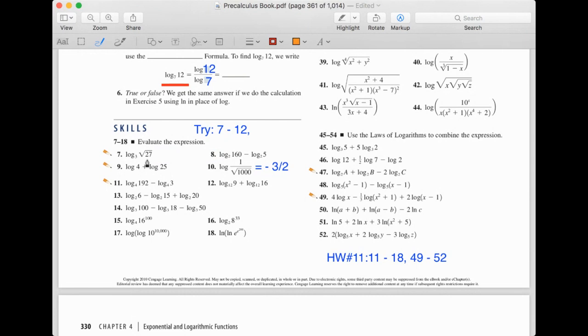So log base 3, 3 to the power 3 out of 2. Since log base 3 of 3 is 1, I just bring the exponent to the front. So 3 out of 2. That's it. Perfect.